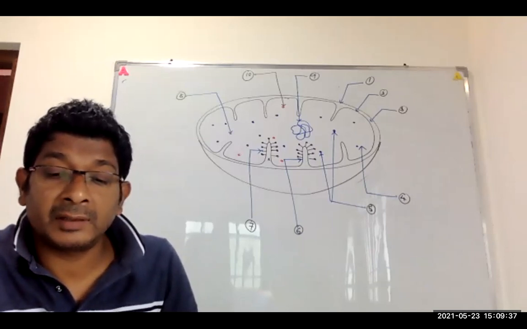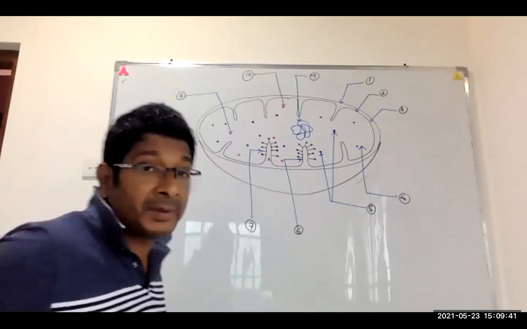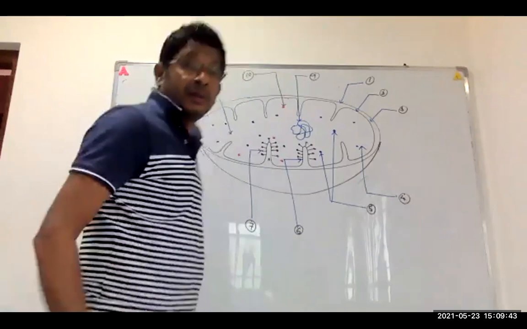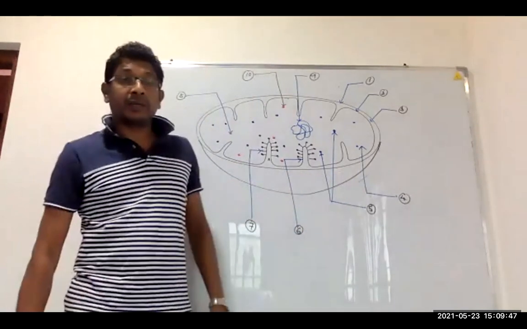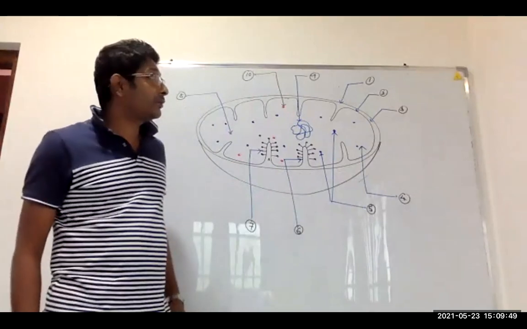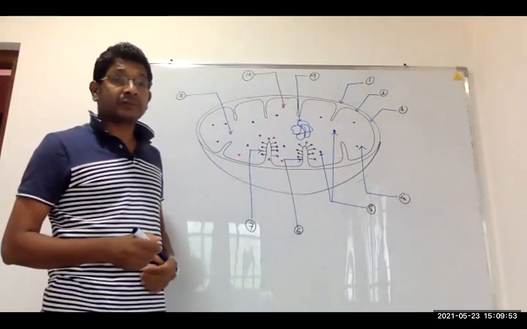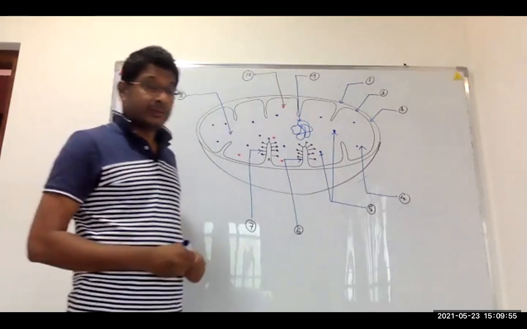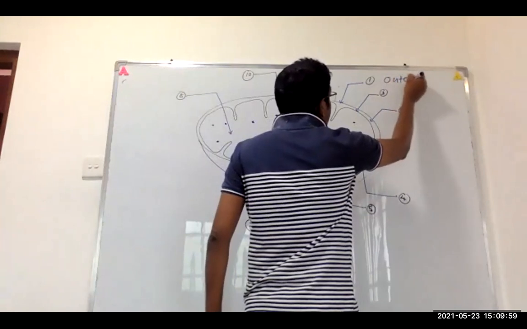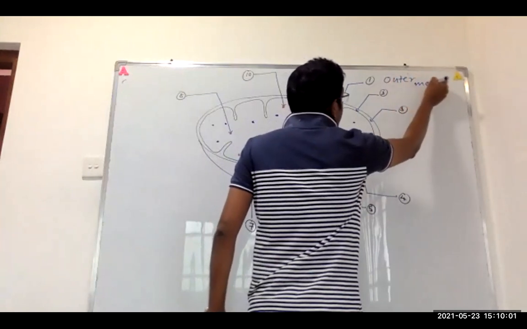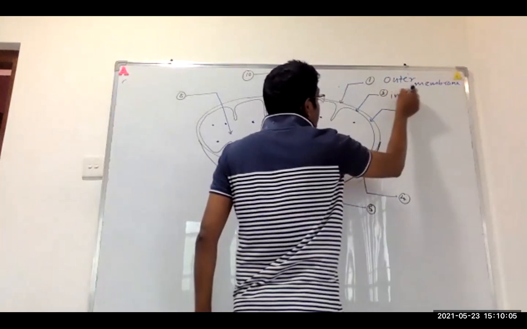Write down. Mitochondrion is an elongated... First of all, we have to label the diagram. If you can draw the diagram clearly and label it fully, then you can write the structure of the mitochondria. First one is outer membrane. Second one, inner membrane.